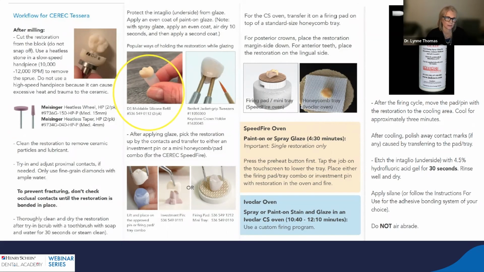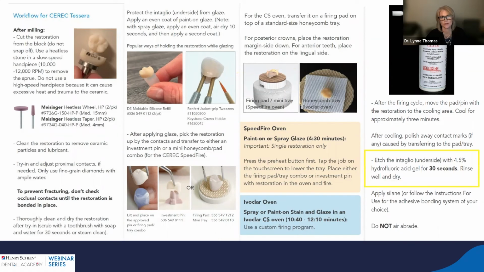So these little moldable silicone molds can cover the whole intaglio surface so that you can use a spray glaze or you can use a glaze or stains to process that crown. You're going to place it on the honeycomb tray, which will then go into the speed fire.